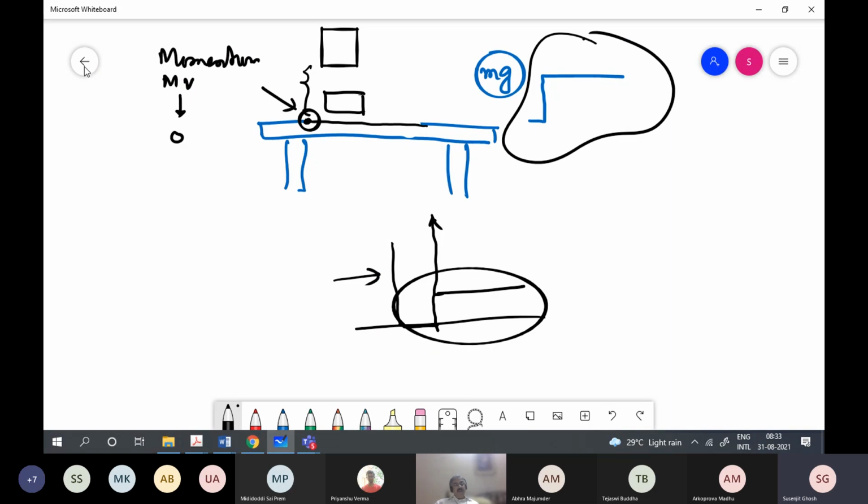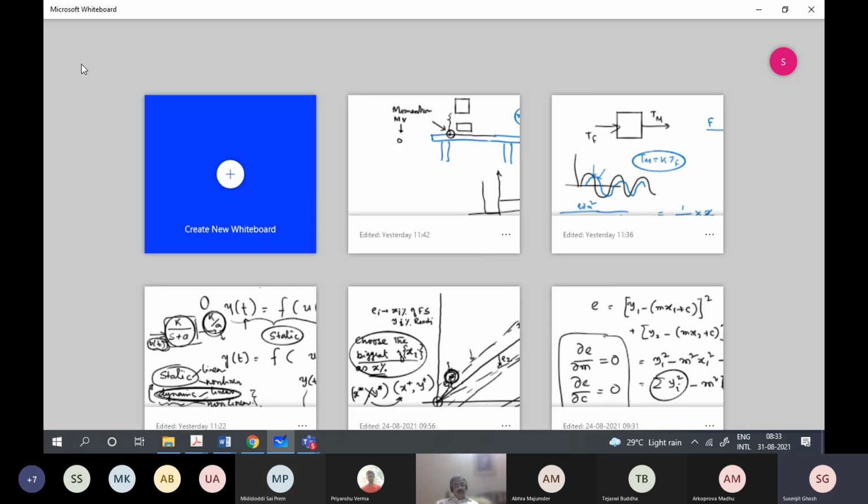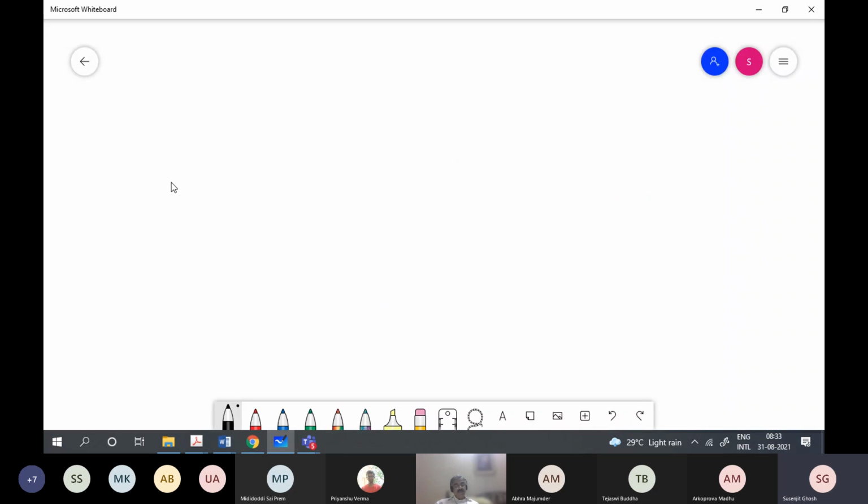New tab. So suppose the acceleration is, let us say, this is the marked x-axis, and the board, that is the sensor axis, is aligned like this.